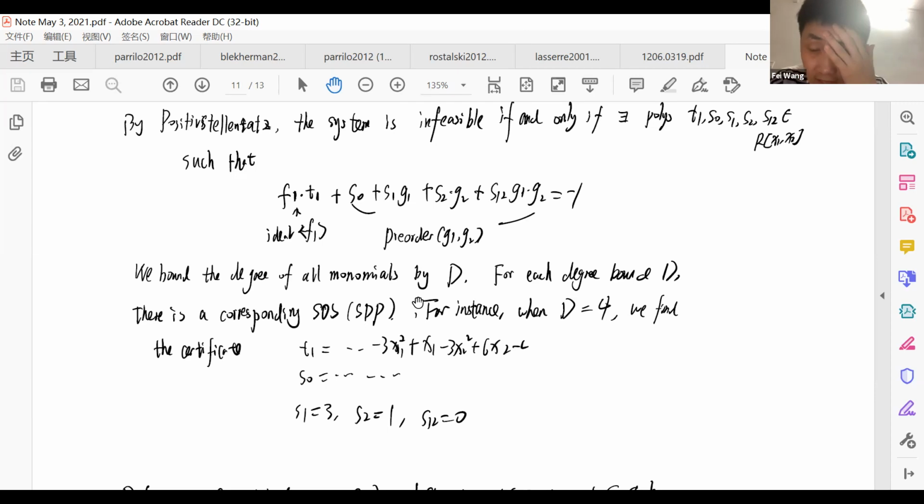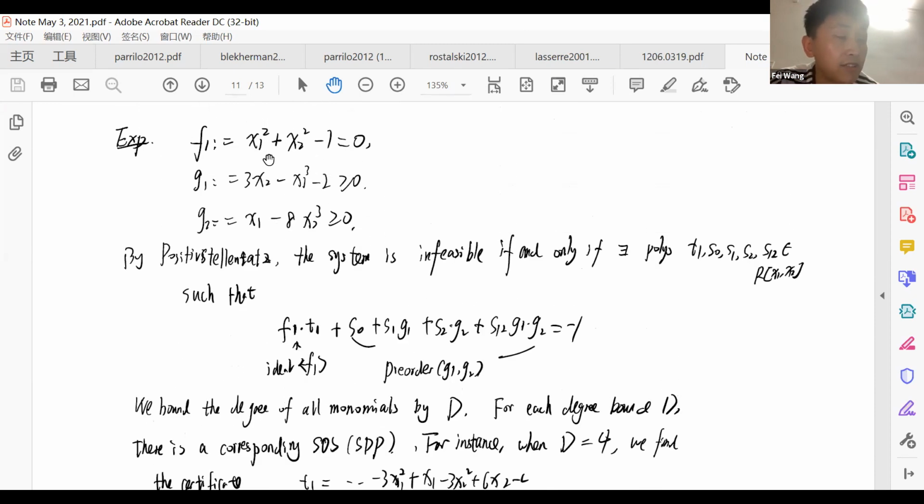Each time you have a larger SDP problem, and eventually for D large enough, you will find such a certificate, given that this polynomial system is indeed infeasible.